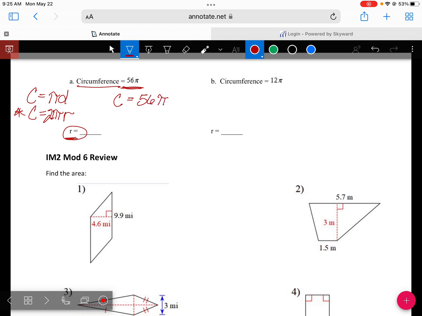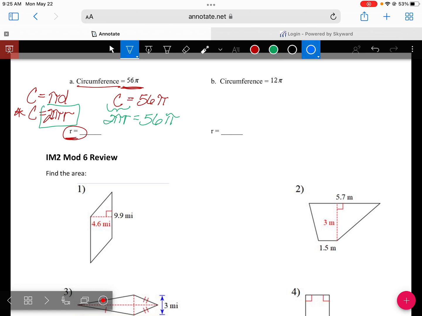They're telling me that. It's pretty much an equation. Now, circumference also is 2 pi r. Put that down in place of the C. So C is 2 pi r, but C is also 56 pi, so keep that the same.